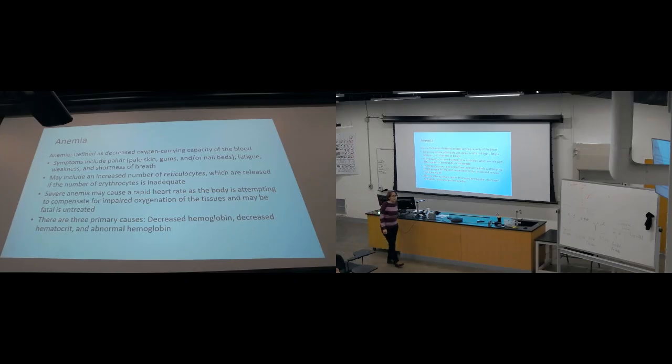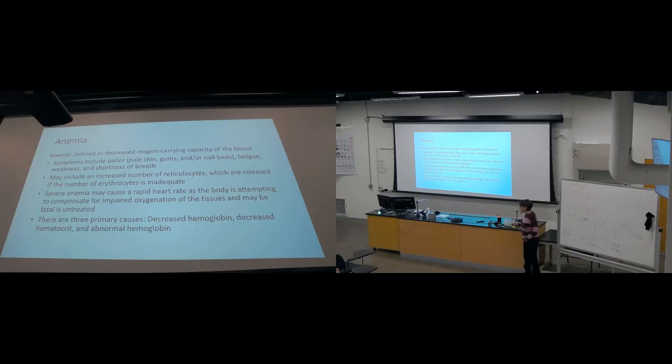That person can have an increased number of reticulocytes if the bone marrow is trying to compensate by producing more red blood cells. So instead of having 1% or less than 1% of reticulocytes, the person will have increased numbers if you don't have enough red blood cells.